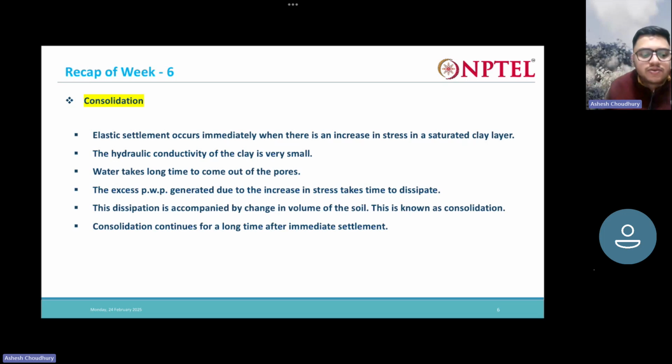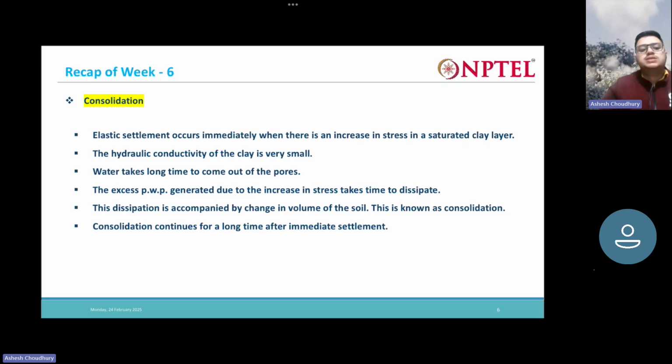So slowly, the water will come out of the clay layer through the drainage layers, and the excess pore water pressure that had arisen is going to slowly get dissipated.